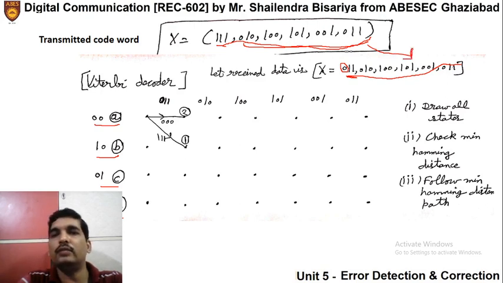Later on, you can include more errors and you can see the path. But for understanding, initially I am taking only one bit in error, in the first bit. Okay, so let this be the received data. I should say that it is y, and y is not equal to x, so there is an error in one bit.